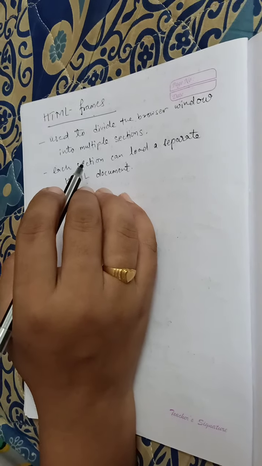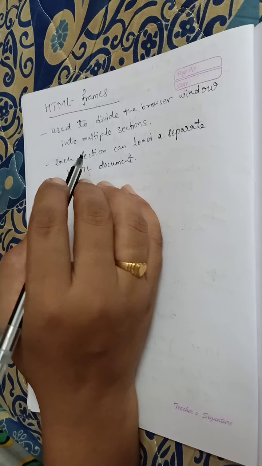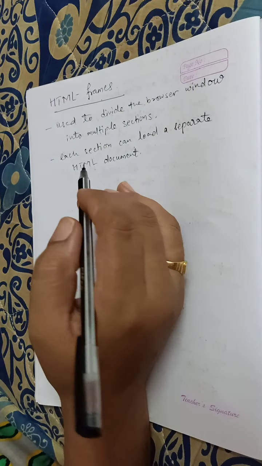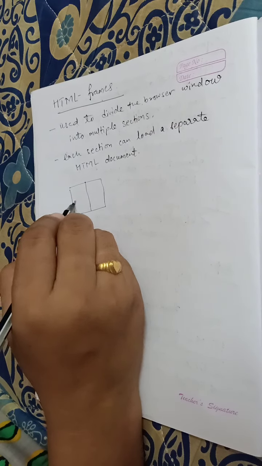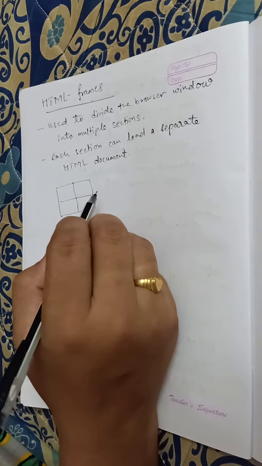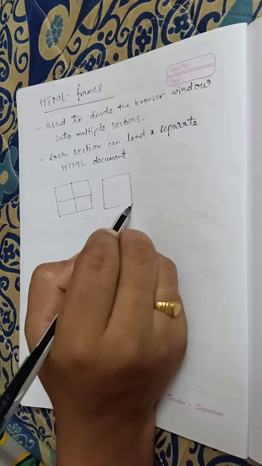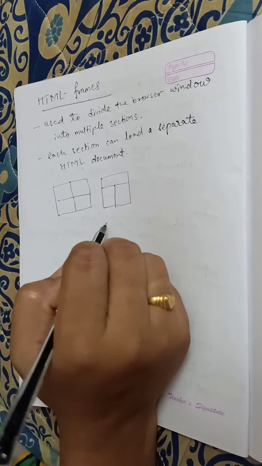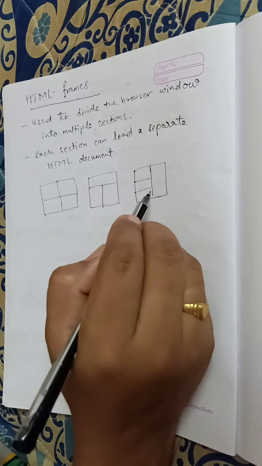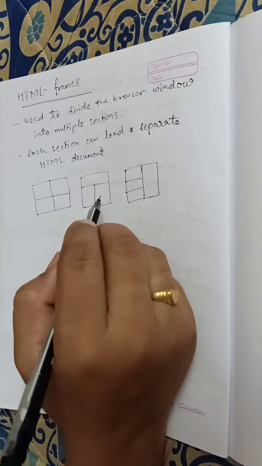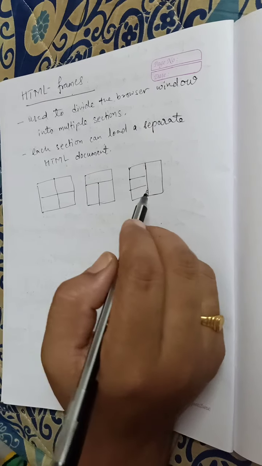In a similar way, tables are organized into rows and columns. If I am trying to make a table, this is one table, this is also one table, this is one table. I can form a table of many designs.